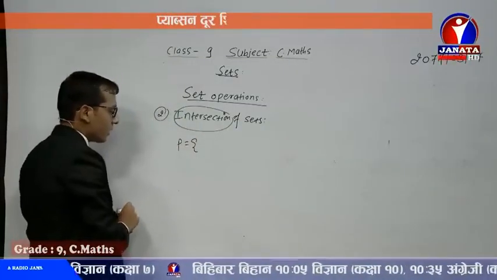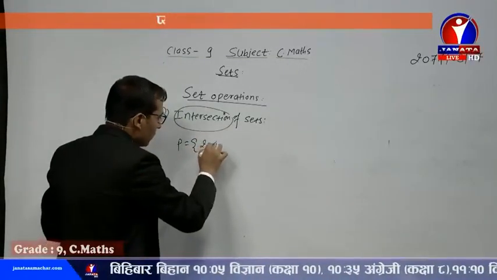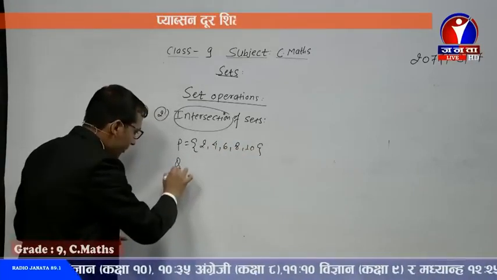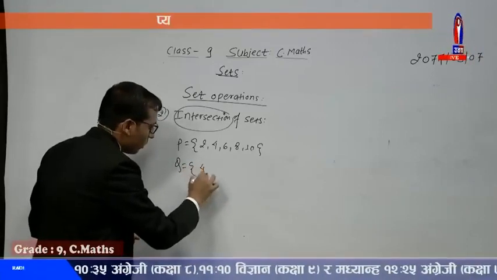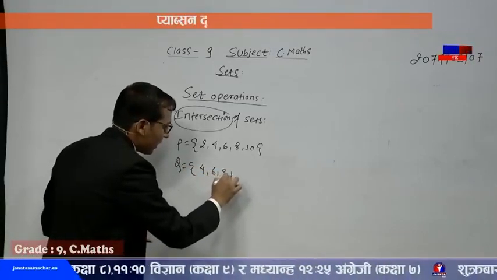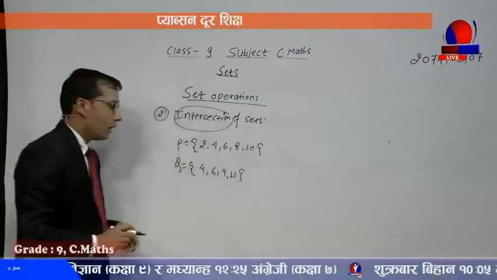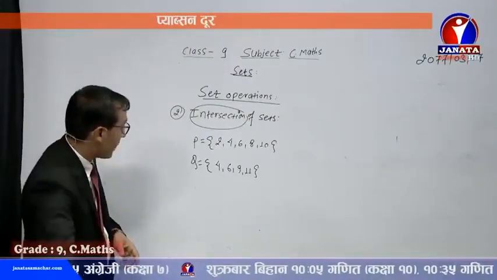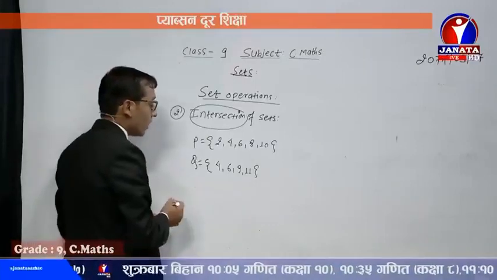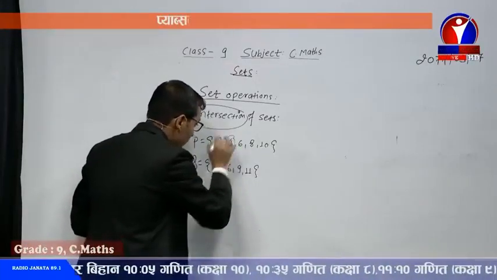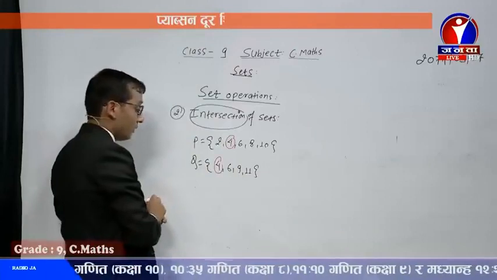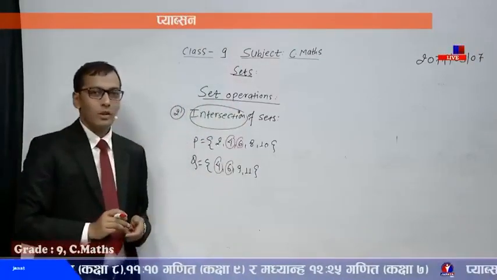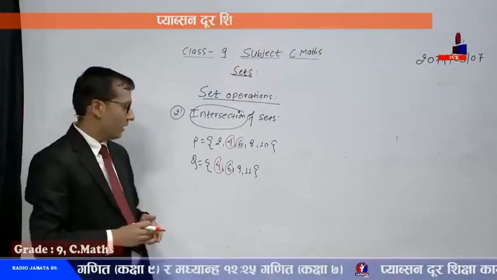If the elements of set P are 2, 4, 6, 8 and 10, and the elements of set Q are 4, 6, 9 and 11, look at the examples and identify the common elements. 4 is one common element. 6 is another common element in the two sets.